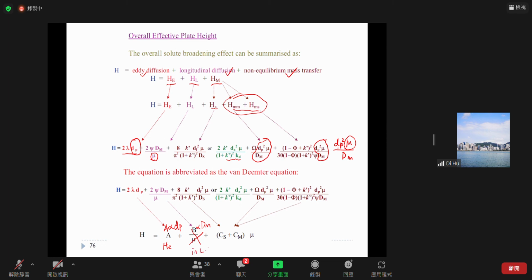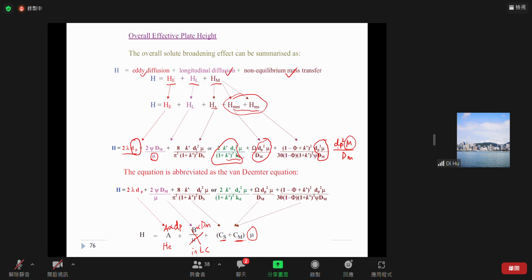In LC, the packed column term is ignored. And then we have the C term. If this one is also the stationary phase, it also has the mu. So both the stationary phase and the mobile phase relate to C times velocity.